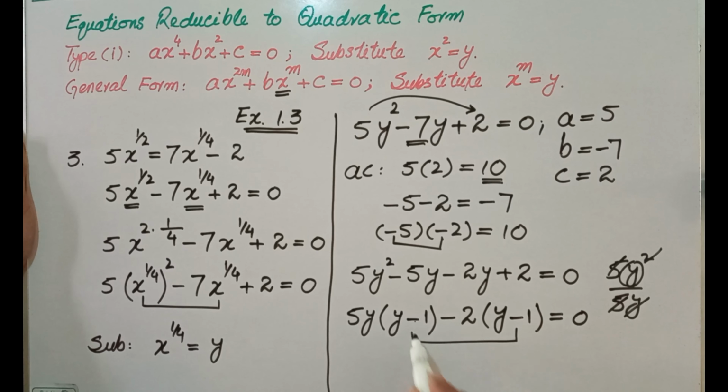We see that we can take y minus 1 common in the above equation, and as in the previous case we'll divide the whole term by y minus 1, so y minus 1 will be cancelled with y minus 1, and we have 5y, and from here y minus 1 will be cancelled with y minus 1, and we have 2 equals 0.